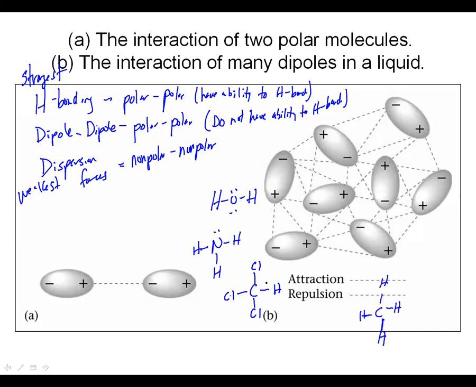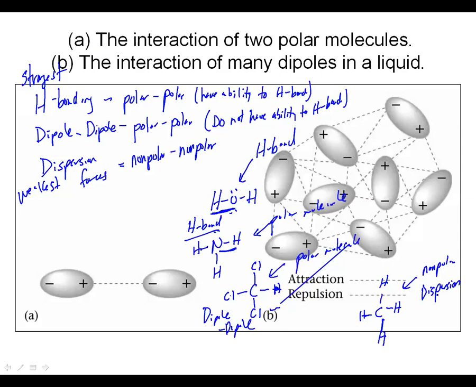In this case, our water molecules have the ability to hydrogen bond. Our NH3 here would also have the ability to hydrogen bond. It has a bond between nitrogen and hydrogen. This is also a polar molecule. Although it does have a hydrogen, that hydrogen is going to be nonpolar. It does not have the ability to hydrogen bond. So this is something like dipole-dipole. And lastly here are carbon hydrogens. That's all nonpolar, which means that this would use dispersion forces as its main force.